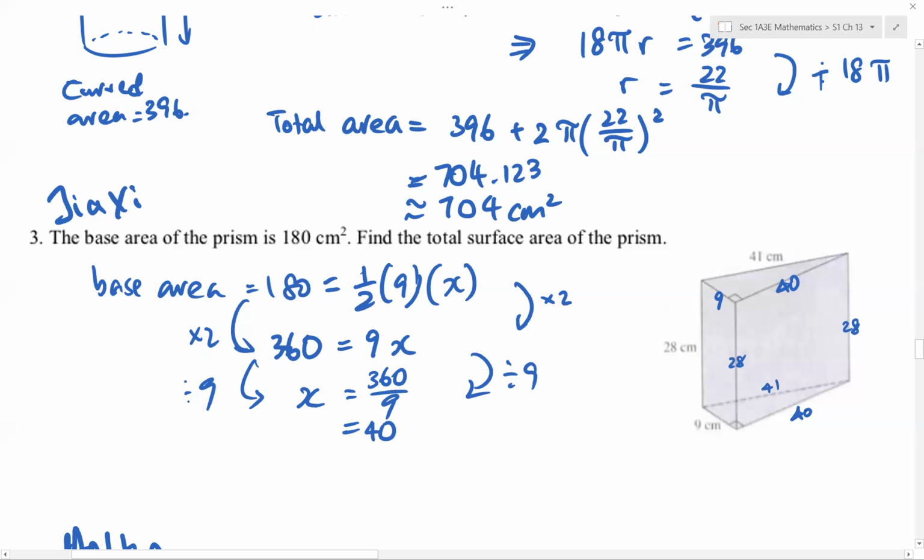Okay? Okay, now carry on. What do we have for the total surface area? Sorry? 2 times 180, okay? 280. 9 times 28.